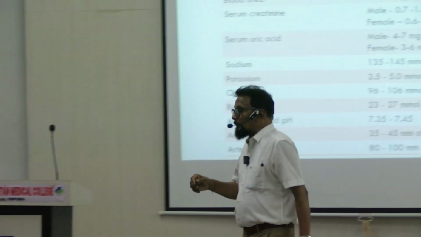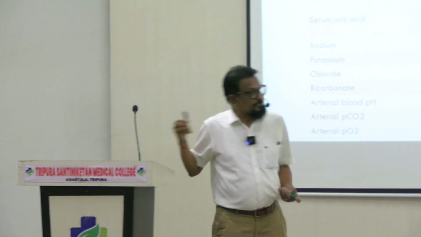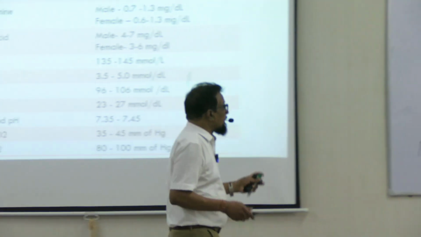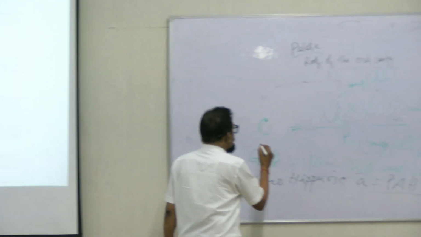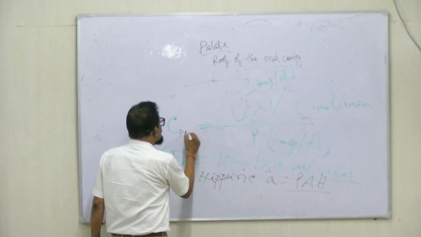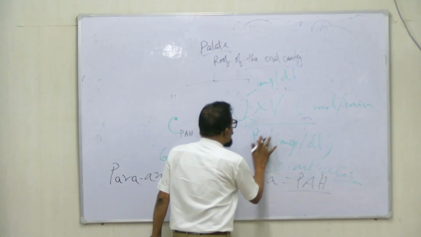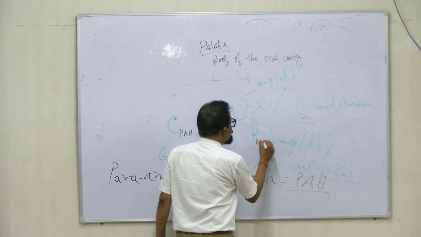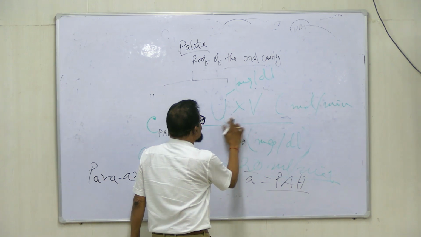You have to measure the concentration of it in urine as well as in plasma. So it is PAH here, PAH here.